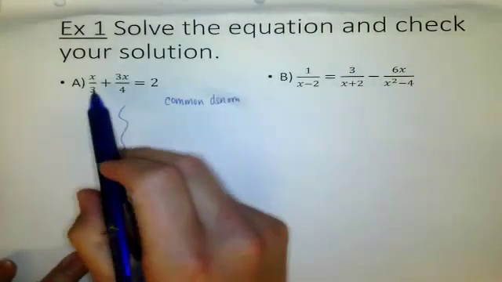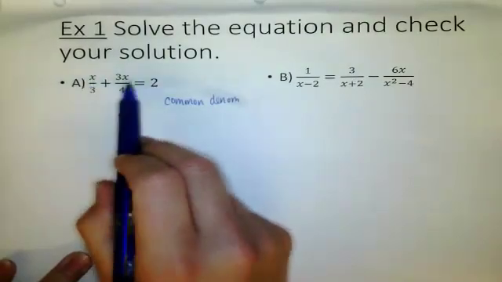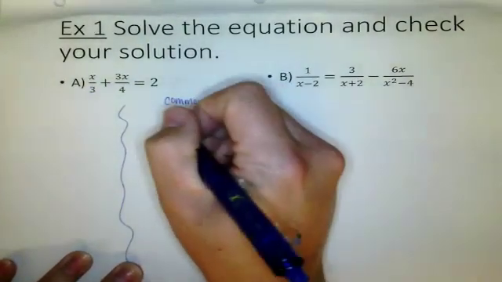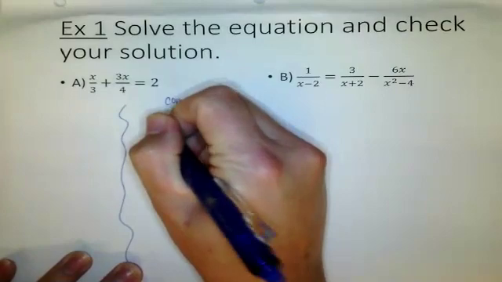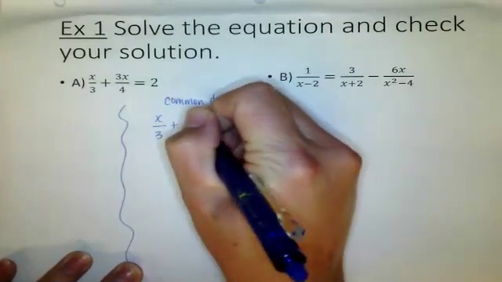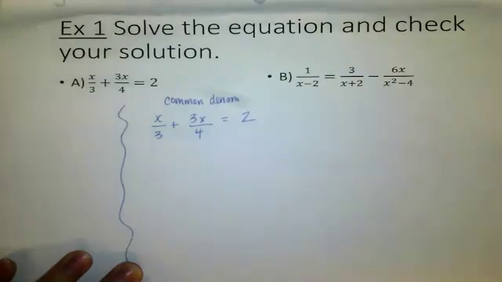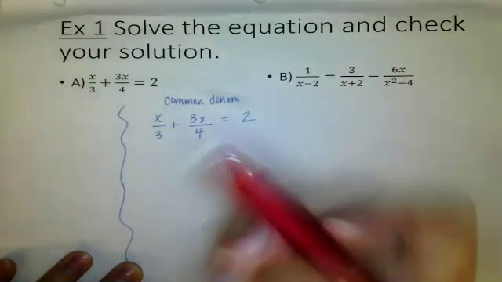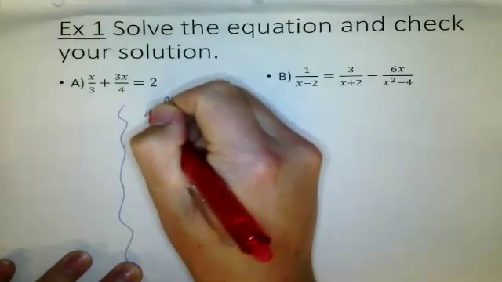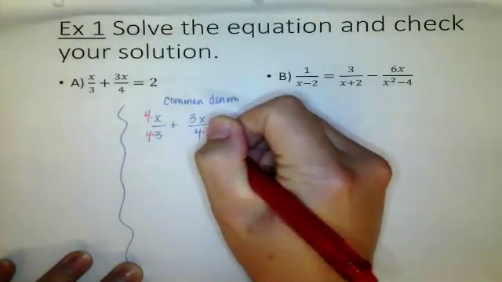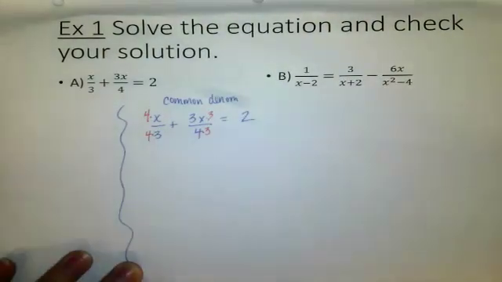So common denominator, we need to add these terms with x together. And so I'm going to take my fractions and get a common denominator. What would my common denominator be? 12. So I'm going to multiply this first fraction by 4 on top and bottom, and my second fraction by 3 on top and bottom.